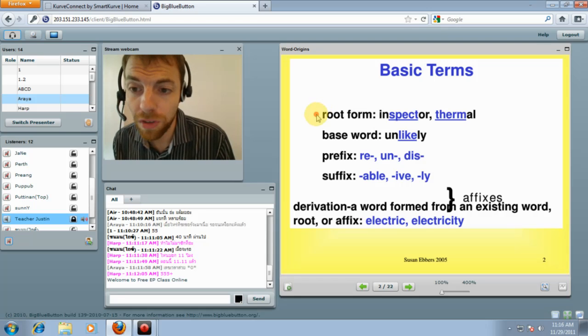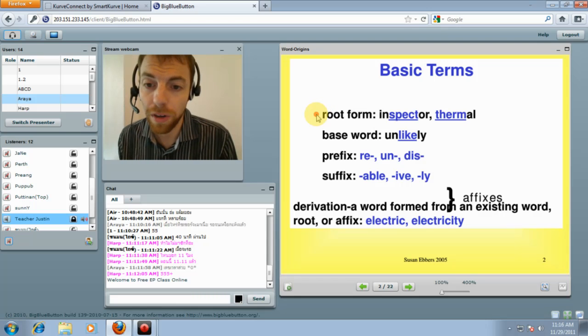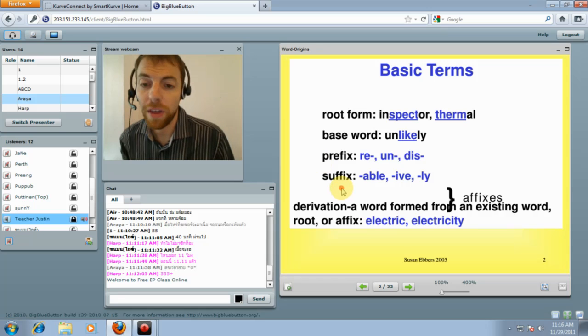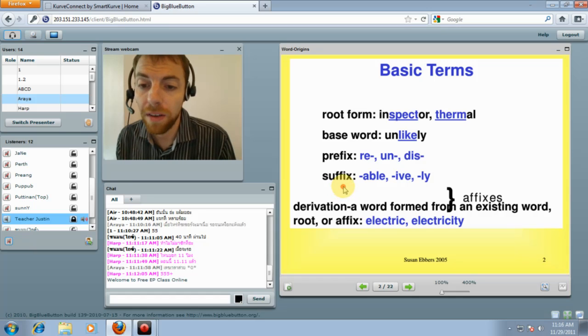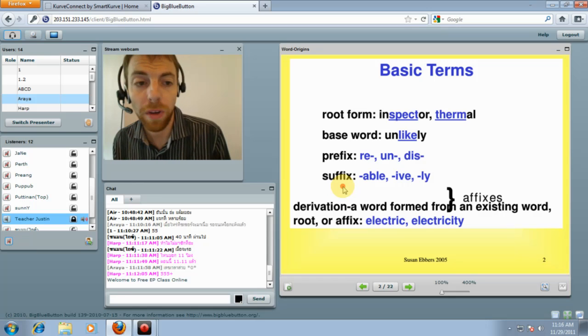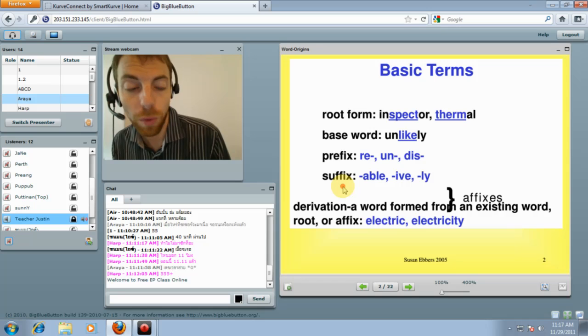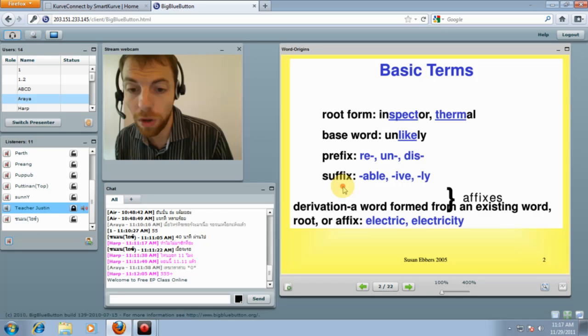Also a root, usually not a word. Base word, yes, is a word, but a root, a prefix, and a suffix are things that we can use to help us find the meaning of a word that we maybe don't know.